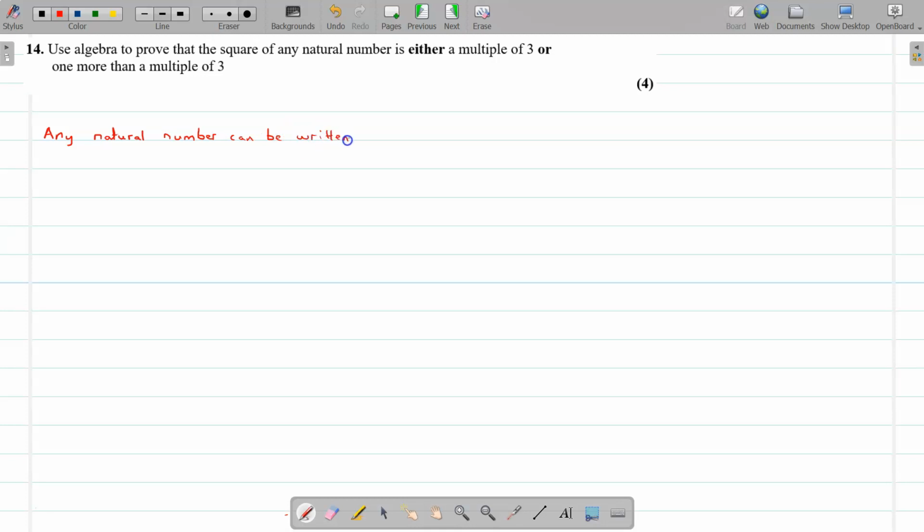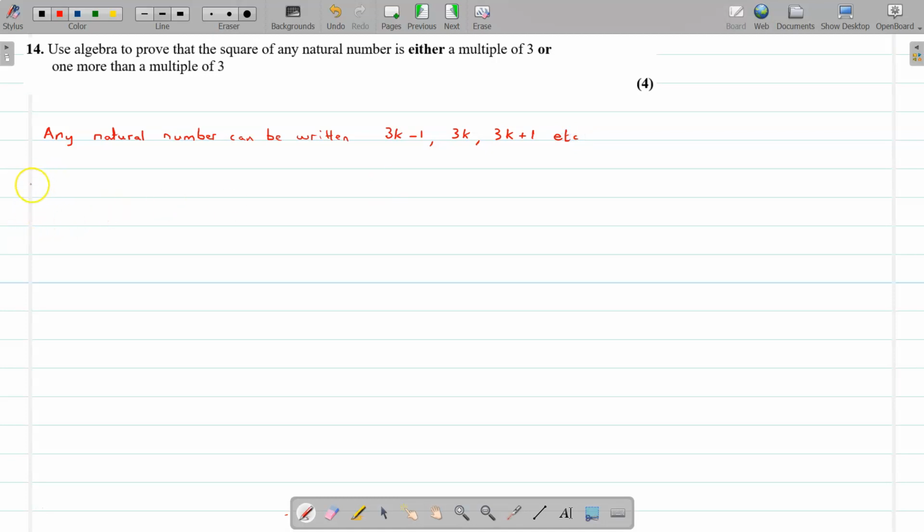I'm just going to take 3 examples: 3k minus 1, 3k, and 3k plus 1. Now I could have used any other 3 consecutive numbers, but I'm going to use those 3 because they're going to be easiest to work with because of the minus 1 and the plus 1. And you could carry on that list if you wanted to.